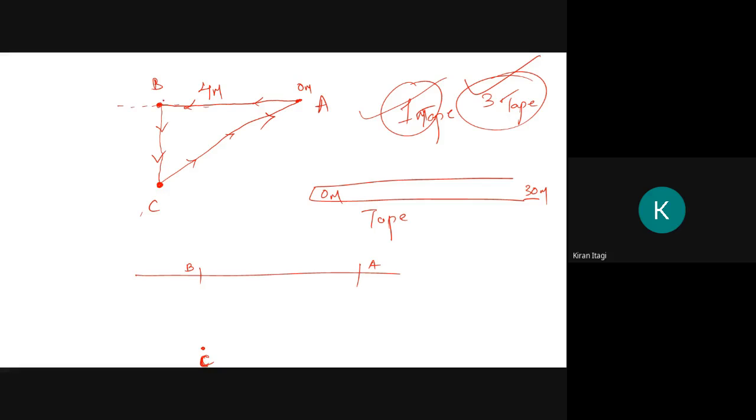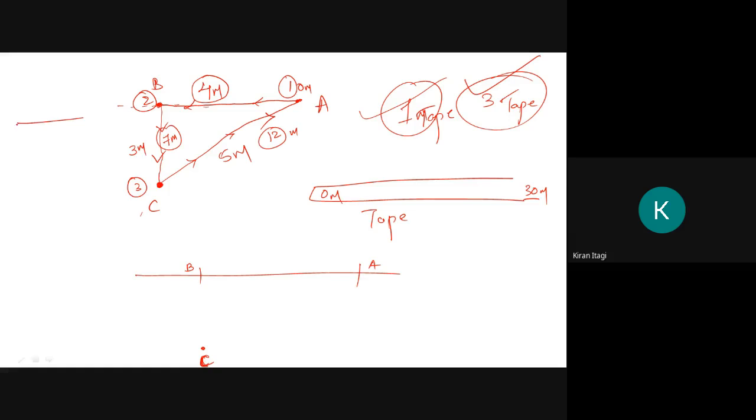Here one person will be there, here another person, and here another person. 3 persons are required. I have stretched the tape from here to here as 4 meter, and again I will stretch from here to here; it should be 5 meter. Correct? So you should get the correct reading. This is 4 meter, from here to here it is 3. 4 plus 3 is 7 meter. 7 plus 5 is 12 meter.